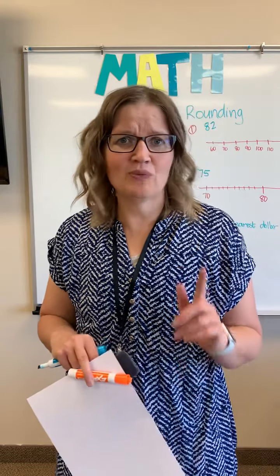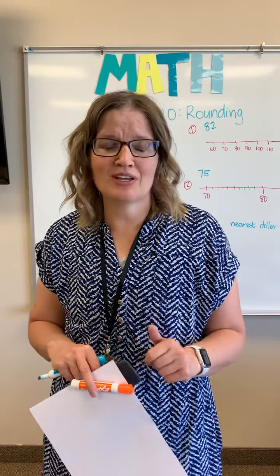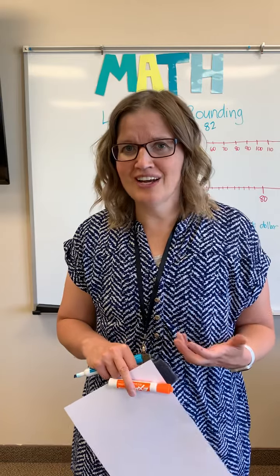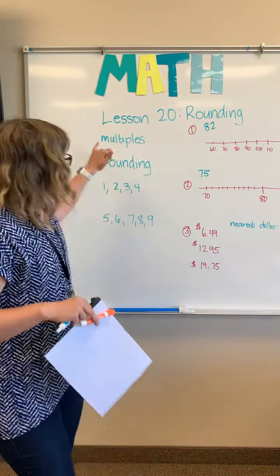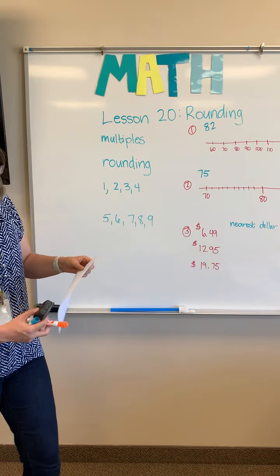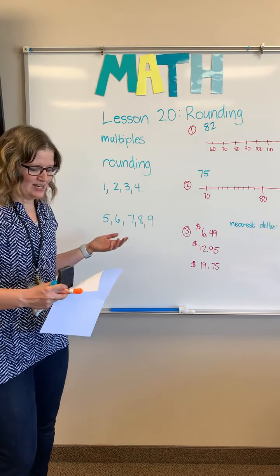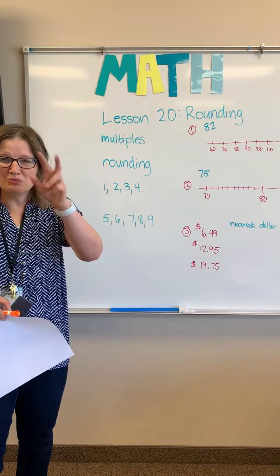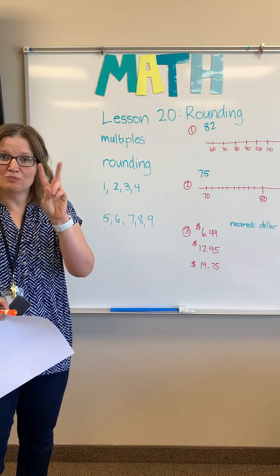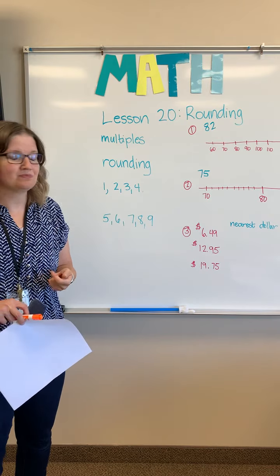So before we start, we need to talk about some of the vocabulary. The first word that you need to understand is, what is a multiple? A multiple is a product of a counting number and another number. And a product means the answer when you multiply two numbers together.